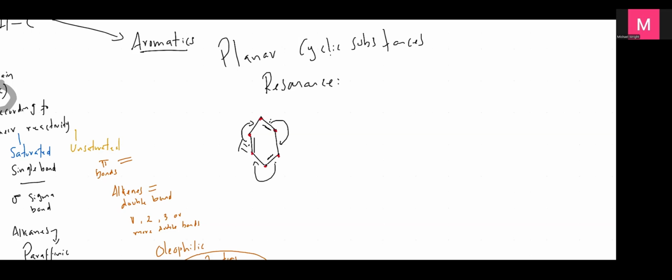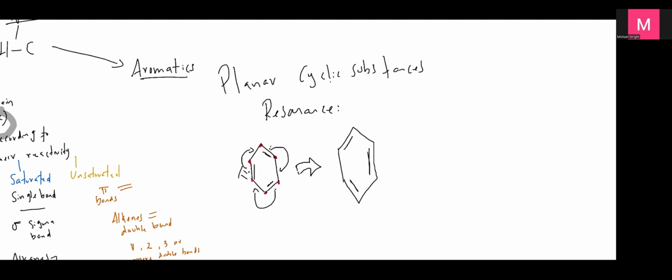So what we will have is that in the next situation, we'll have the same molecule, but the double bonds, the pi bonds, will be in different locations, different positions. Got it? So all the aromatics come from this molecule.